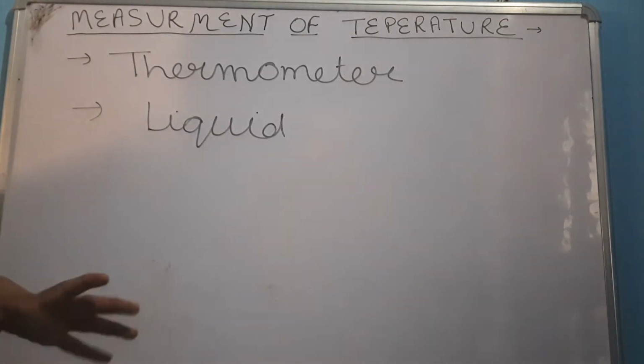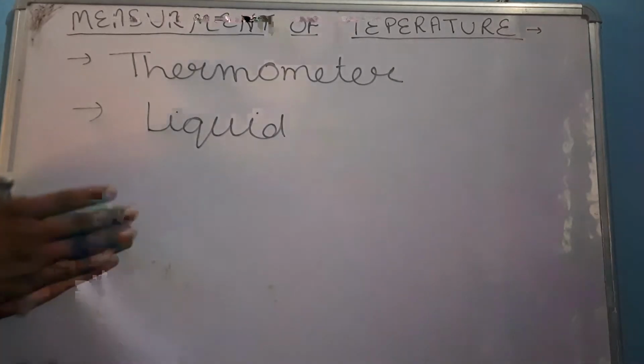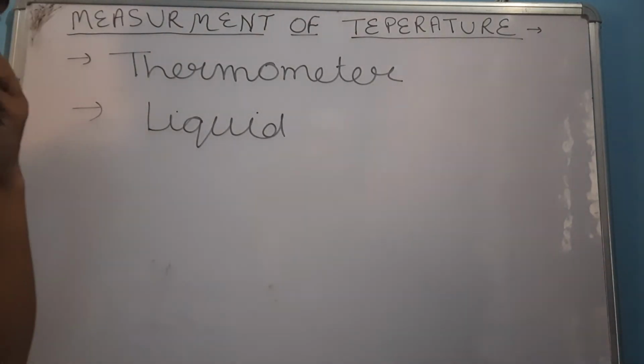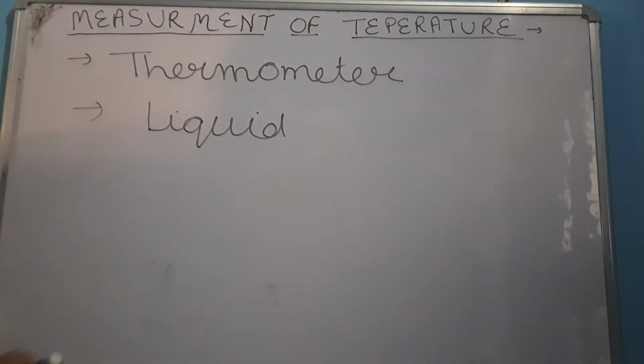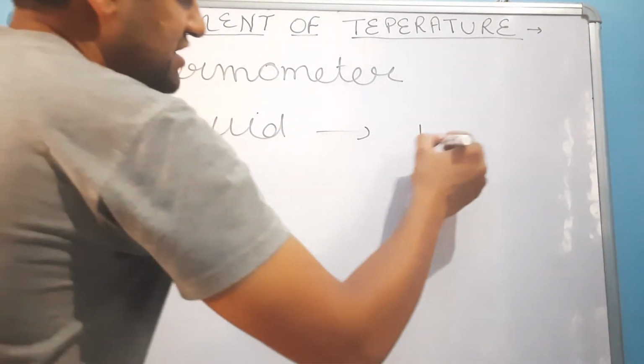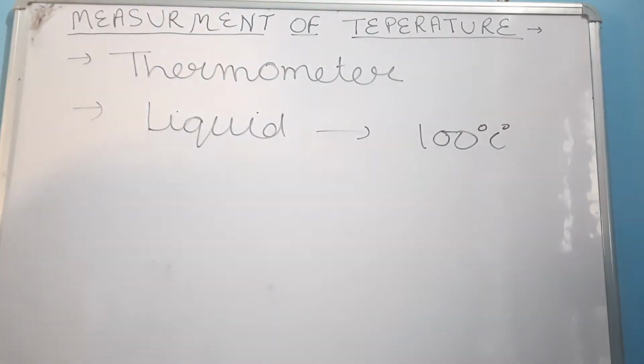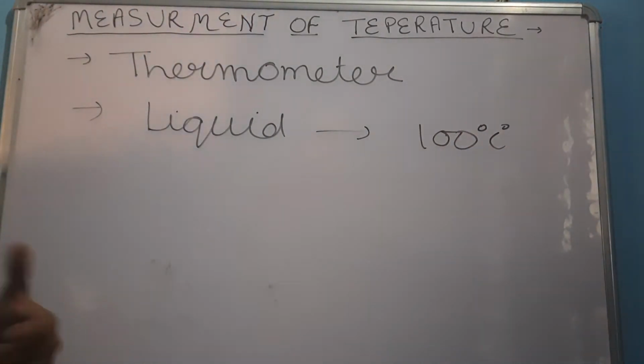So the dimensions of that liquid remain almost the same, and it is not a drastic change until we reach 99 degrees Celsius. But at 100 degrees Celsius, taking the case of water, it changes into vapor. Okay, and at 0 degrees Celsius it changes into ice.